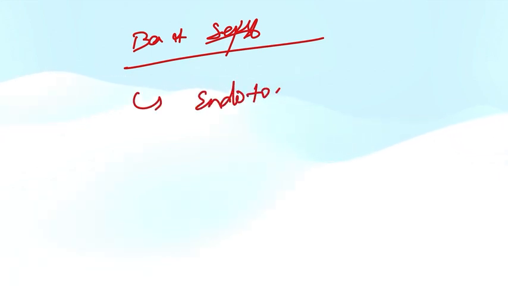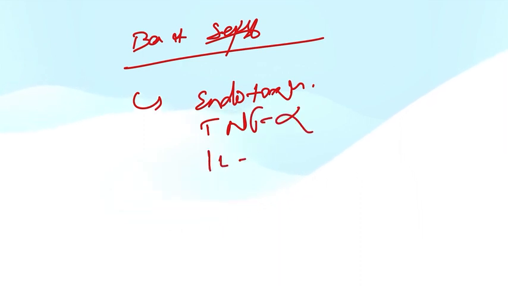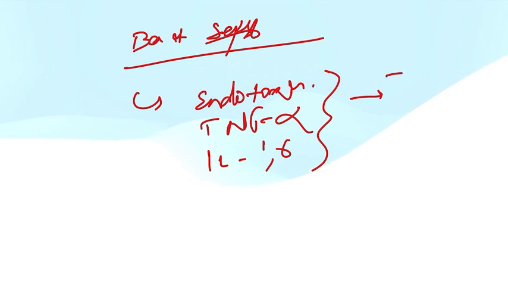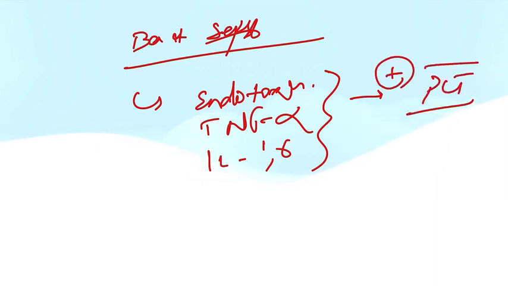So what happens in bacterial sepsis, right? In bacterial sepsis, mostly the mechanism is endotoxin, TNF alpha, interleukin 1 and 6. They stimulate or induce the production of PCT and it is detected in blood, right? So what happens in viral infection?